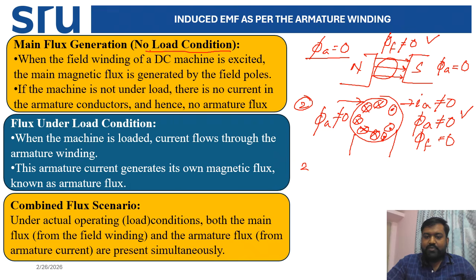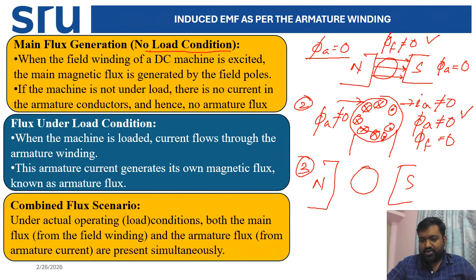Now the very important point, the third condition, so you will understand. As I already mentioned, we are considering a two pole machine, with a north pole and a south pole, and we put the armature in between. The magnetic lines come from north to south, from left to right.